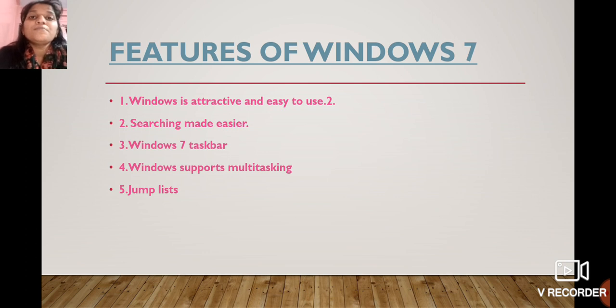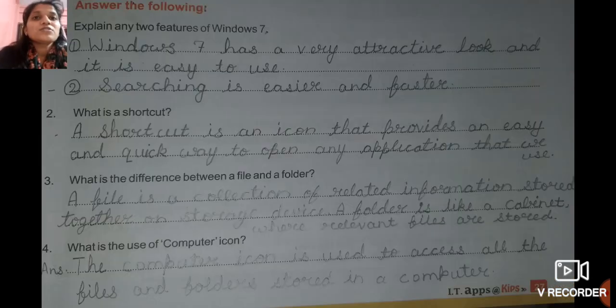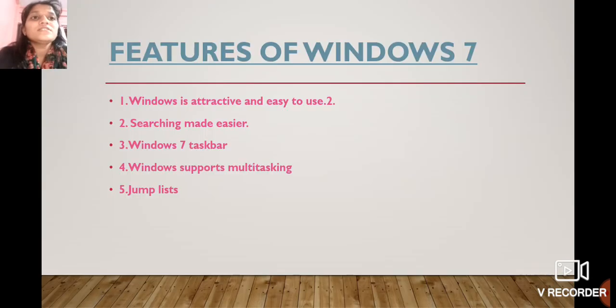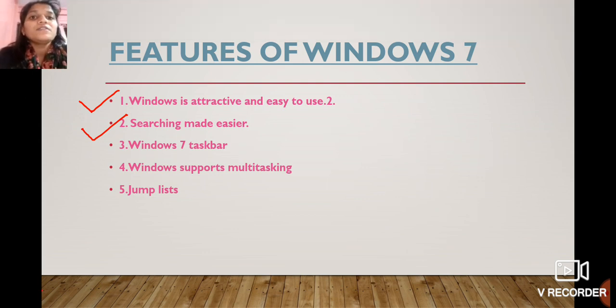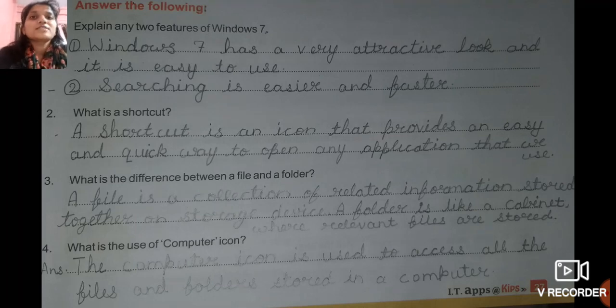Fifth one, jump lists. That means the programs which we have used before, we can open quickly with the help of jump lists. So we are going to write two features from this. We are going to write this one and this one. So now we are going to write the answer.